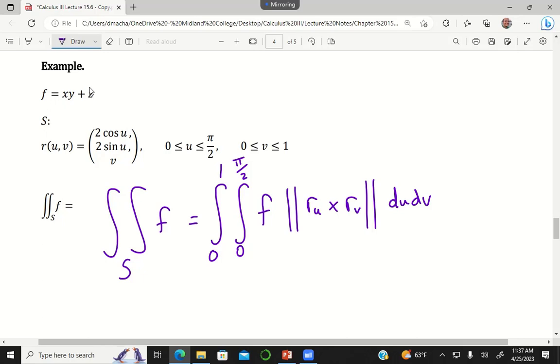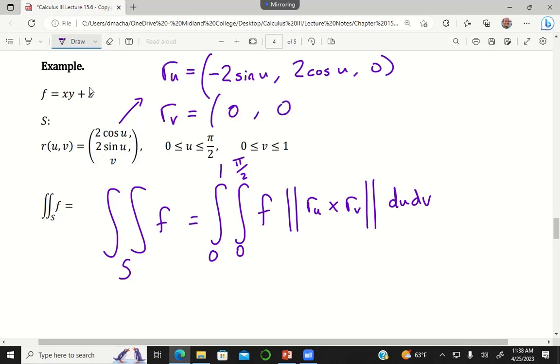Okay. If this is r, then r_u, the partial derivative with respect to u, is going to be -2 sine u, 2 cosine u, 0. And then the partial with respect to v is going to be 0, 0, 1. Whenever I take this cross product, taking the cross product is finding the determinant of this 3x3 matrix.